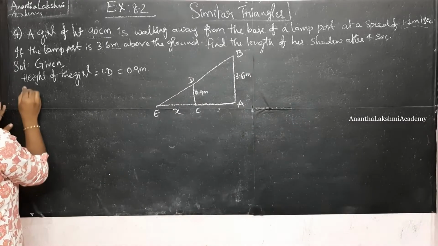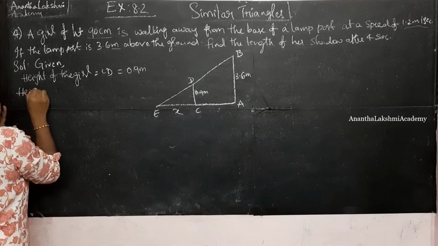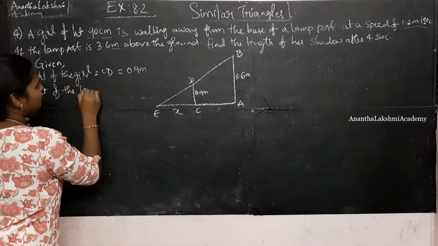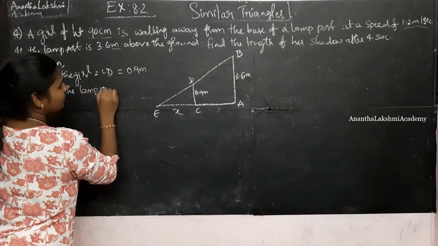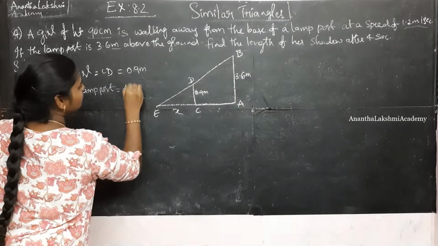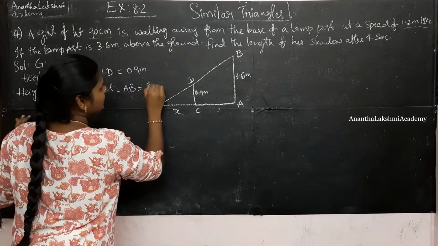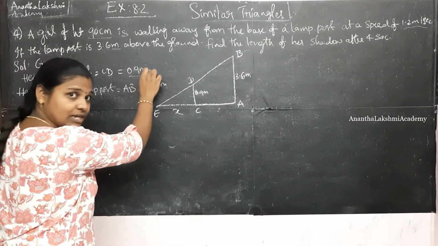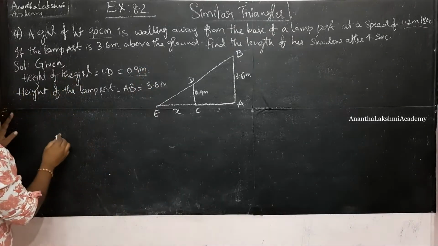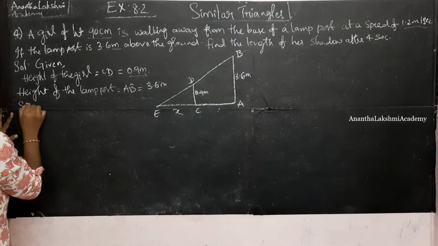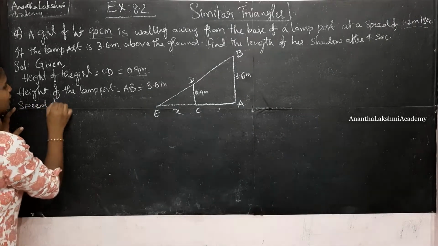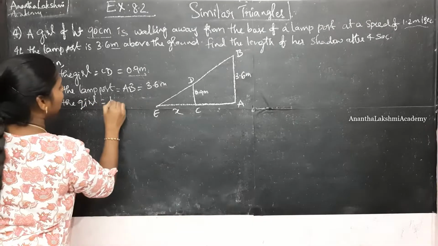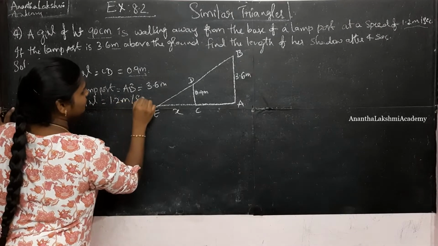Next, height of the lamppost is equal to AB is equal to 3.6 meters. Students, remember this unit conversion I have done in the very first step. Next, what is given? Speed of the girl is given. Speed of the girl is 1.2 meters per second.